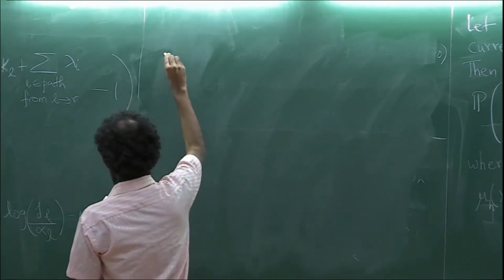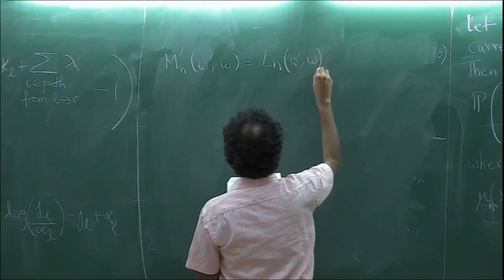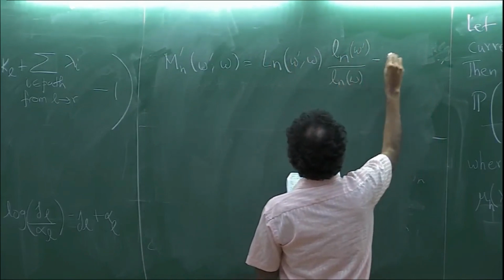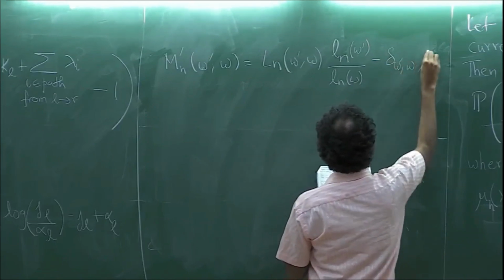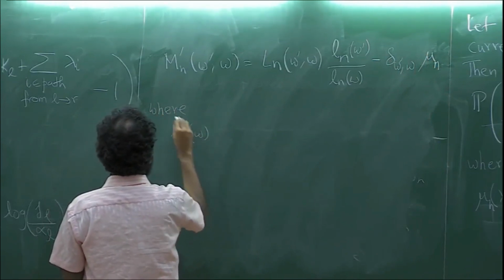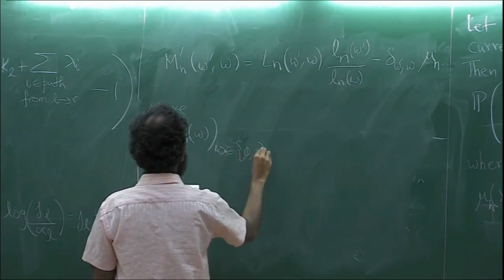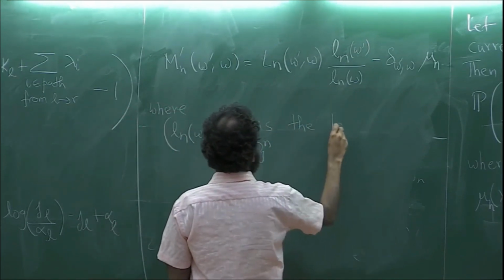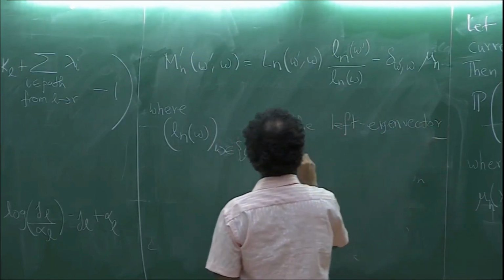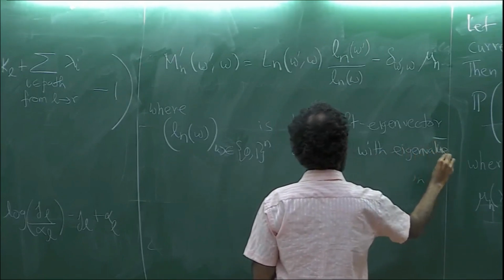So M prime n of W prime, W is given by Ln of W prime, W times little l n of W prime by little l n of W, minus the delta function of W prime, W times mu n, where little l n, the vector W in 0,1 to the n, is the left eigenvector, the opposite one, of Ln with eigenvalue mu n.